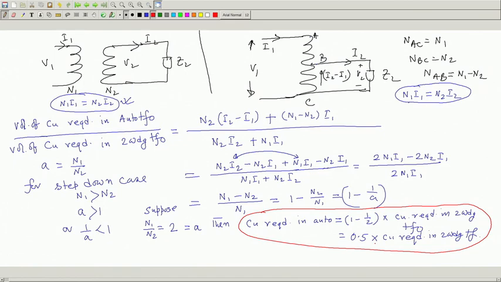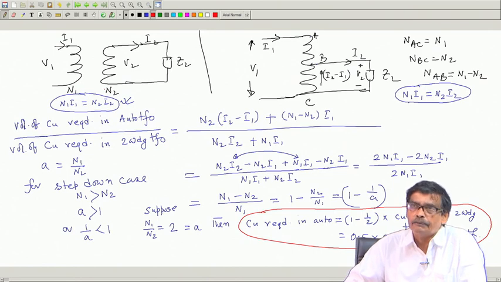in terms of how much copper is required in a 2 winding transformer. I find for step down case, if turns ratio is 2, N1 is to N2 is 2, you are stepping down the voltage, here also you are stepping down the voltage. Then I find, oh my God, you will get advantage here, because if you require 10 kg copper there, you will be requiring half of that copper required, 5 kg copper. So, weight of the transformer will be less, initial investment will be less, and so on.